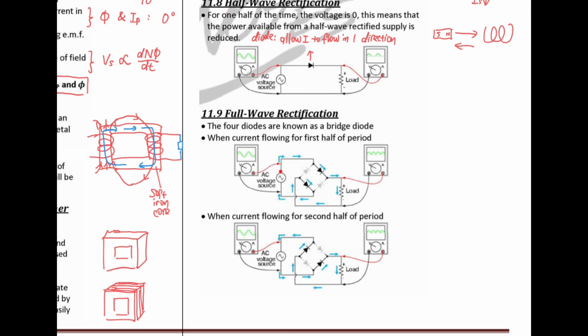So again, we are having alternating current. The current may come out from here at the beginning when it's positive. Then the current reaches the bridge diode. They cannot flow here because the diode will block it. They can only flow here. Then they cannot flow here because the diode is blocking. So they have to flow and pass through the electrical device, which is called the load. Then they come here.